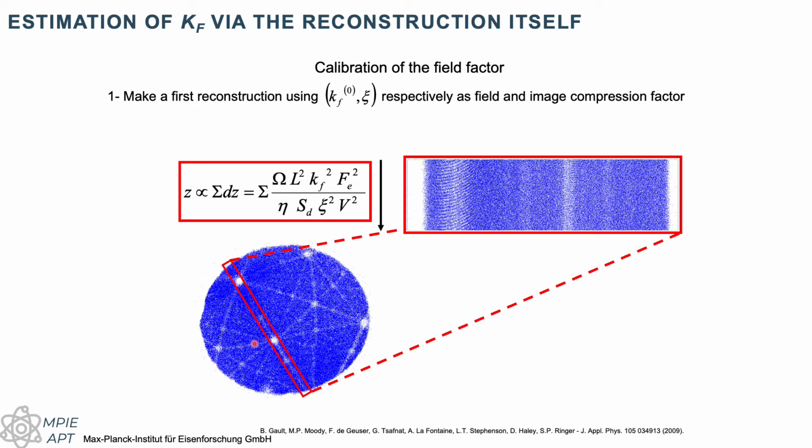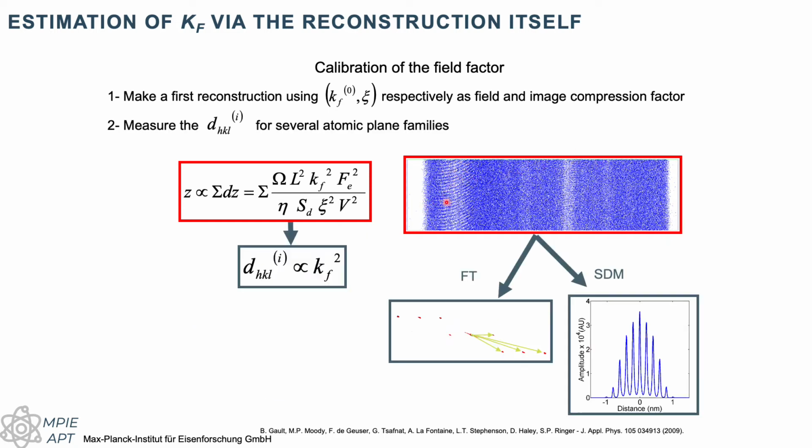So what we can do fairly easily is build a first reconstruction. And you can see here the planes. They are just curved because the parameters are wrong.